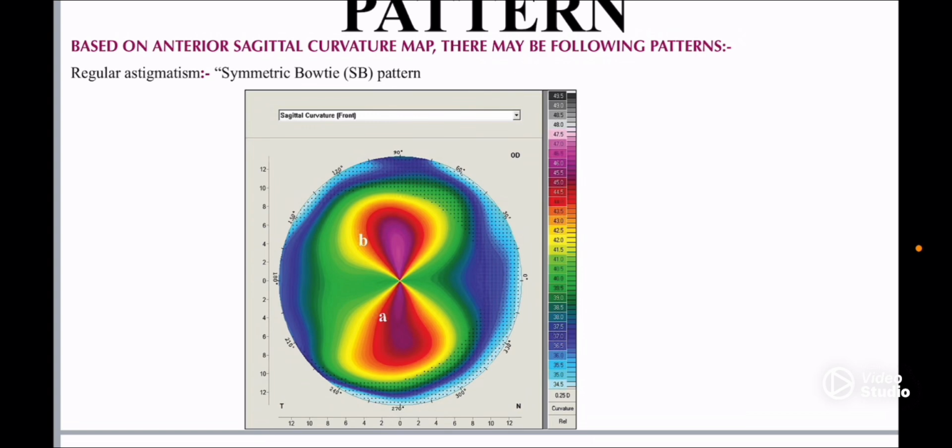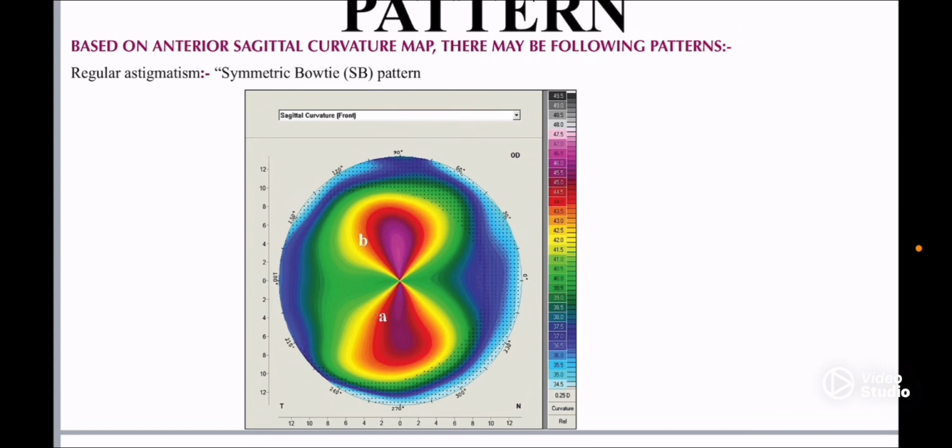There we can see two lobes, lobe A and lobe B. If the two lobes of the cornea in the corneal topography are equal, it is a symmetric bow tie. A symmetric bow tie can be horizontal or vertical, based on the astigmatism in the eye. But we can say that it is regular astigmatism. Why? Because lobe A and lobe B are the same.